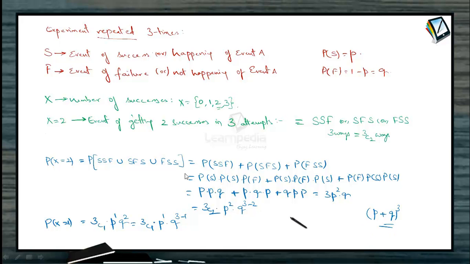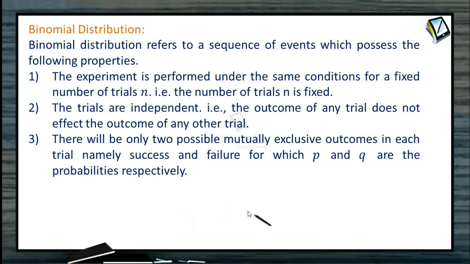Now the probability distribution which follows such an expansion is known as the binomial distribution. So let us first define this. A binomial distribution refers to a sequence of events which possesses what properties? The experiment should be performed under similar conditions for a fixed number of trials, like we have repeated the previous case 3 times.